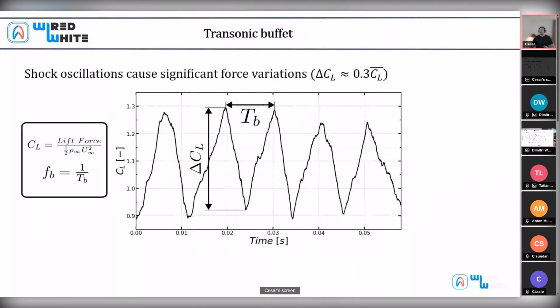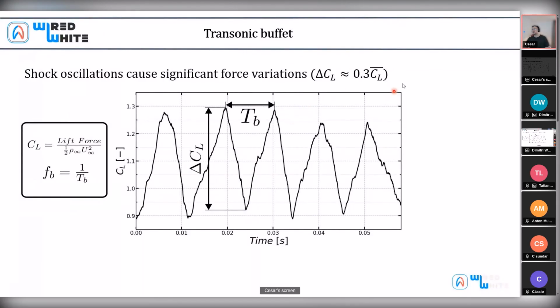Because this instability is stationary, it causes a force variation which occurs at the same frequency as the buffet, and causes force variations which are also proportional to the distance traveled.